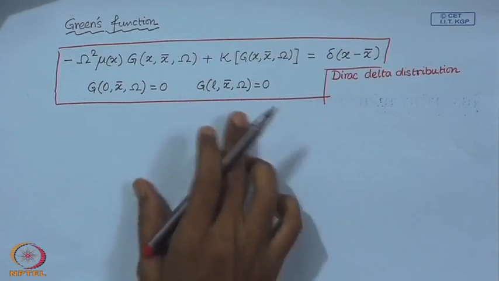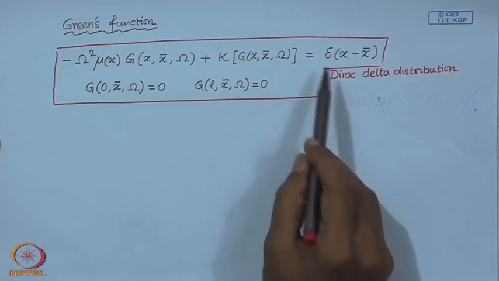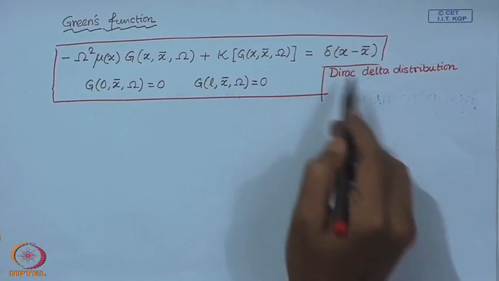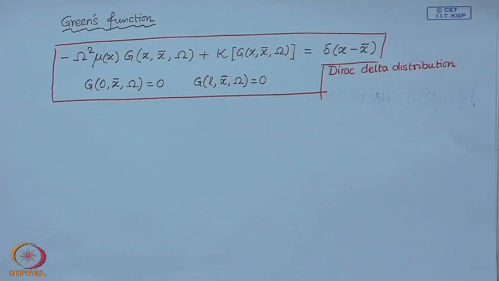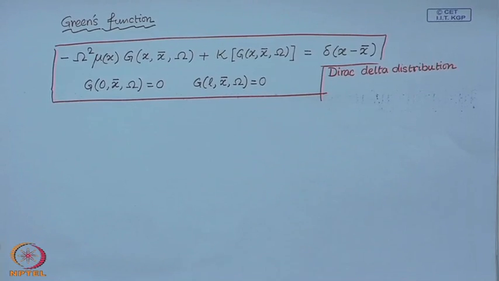So, you realize that the Green's function is a solution with a special forcing in terms of Dirac delta applied at x equal to x bar. Which means that Green's function is the solution of a one dimensional continuous system, which we are discussing at present, when you apply a harmonic concentrated forcing of frequency capital omega applied at the location x equal to x bar.